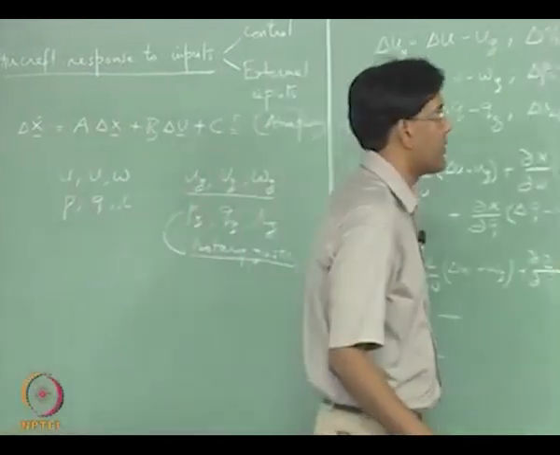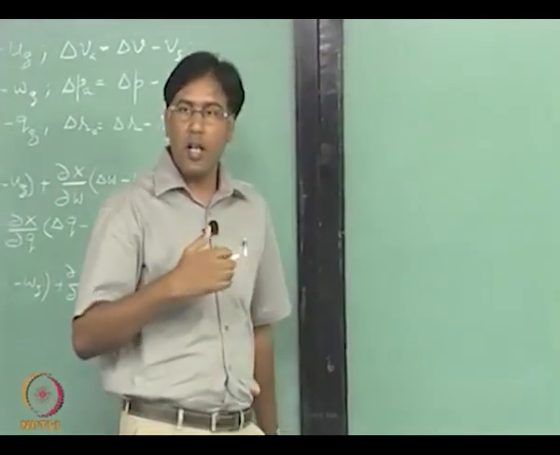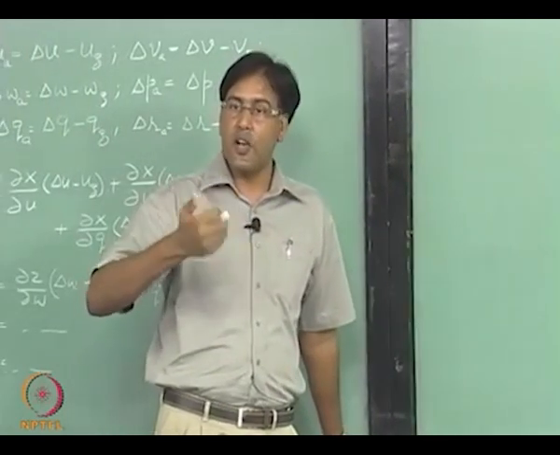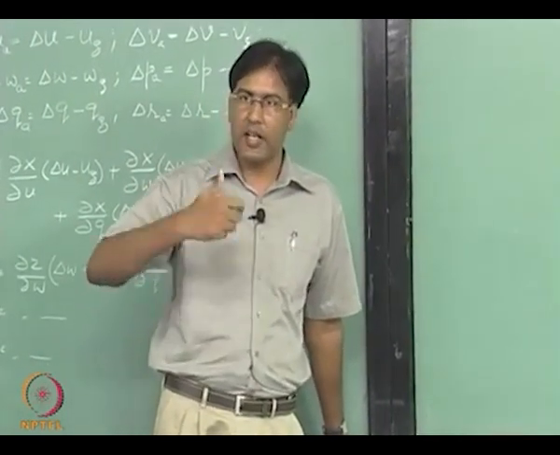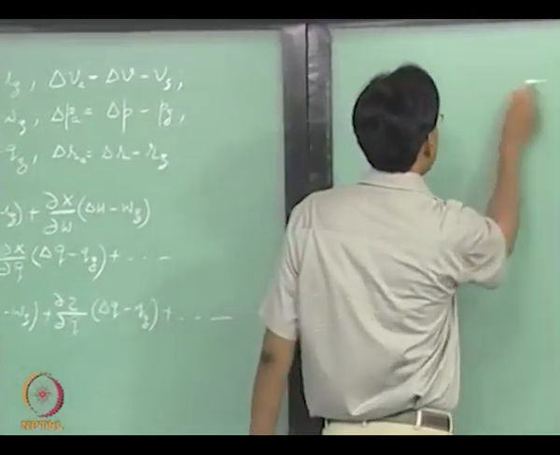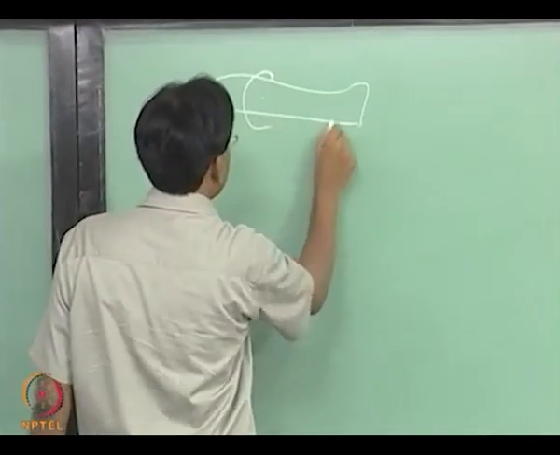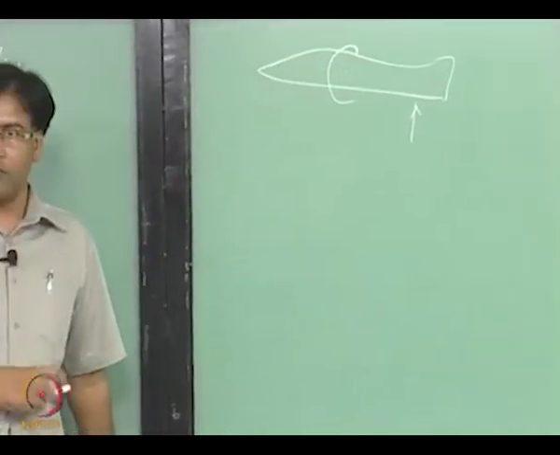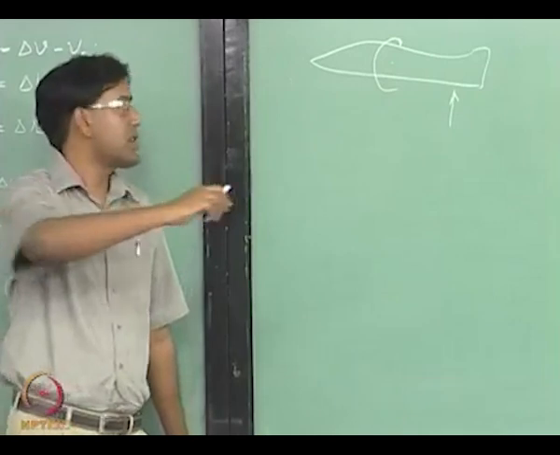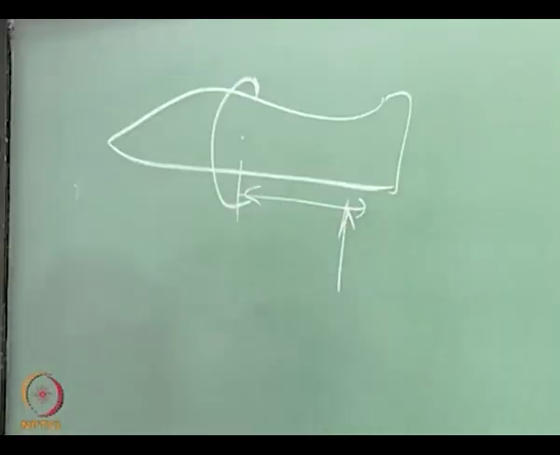the previous lectures where I was talking about how a pitch rate can introduce a velocity in the forward direction, in the vertical direction, right. So, we had this aircraft which is pitching, and then it can introduce this delta W, right, because it is lying away from the CG, right.